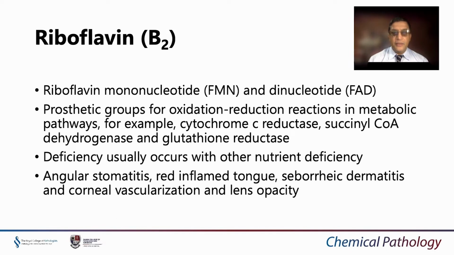The B2 vitamin, riboflavin, defines the riboflavin mononucleotide, FMN, and the dinucleotide form, FAD. These provide prosthetic groups for oxidation-reduction reactions in metabolic pathways, for example cytochrome C reductase, succinyl-CoA dehydrogenase, and glutathione reductase.